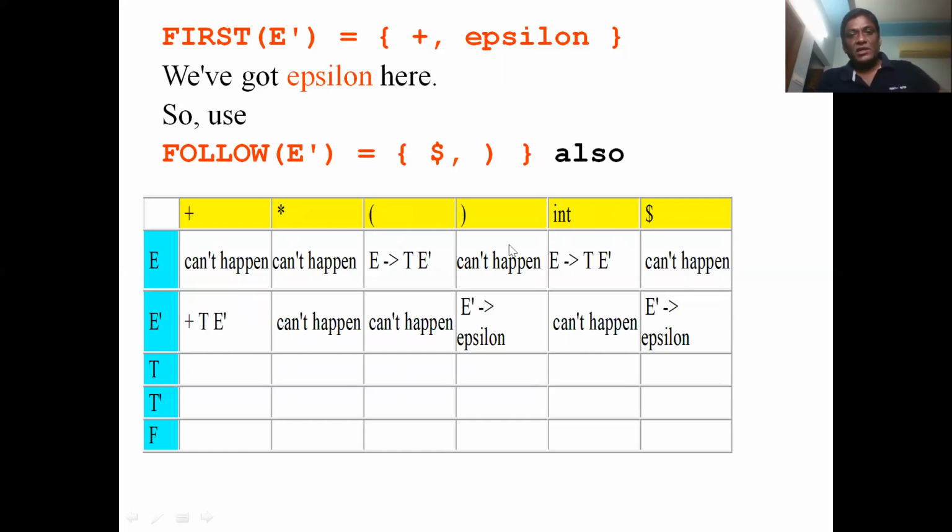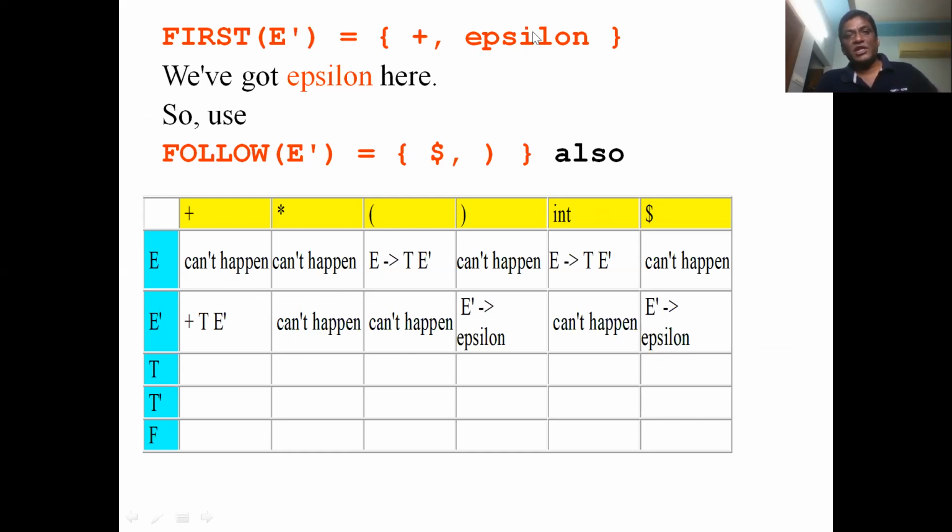And then because it also contains epsilon, you look for follow of E dash. What is follow of E dash? Dollar comma closed parenthesis. So on dollar and closed parenthesis, we substitute E dash implies epsilon. I think you understood now.